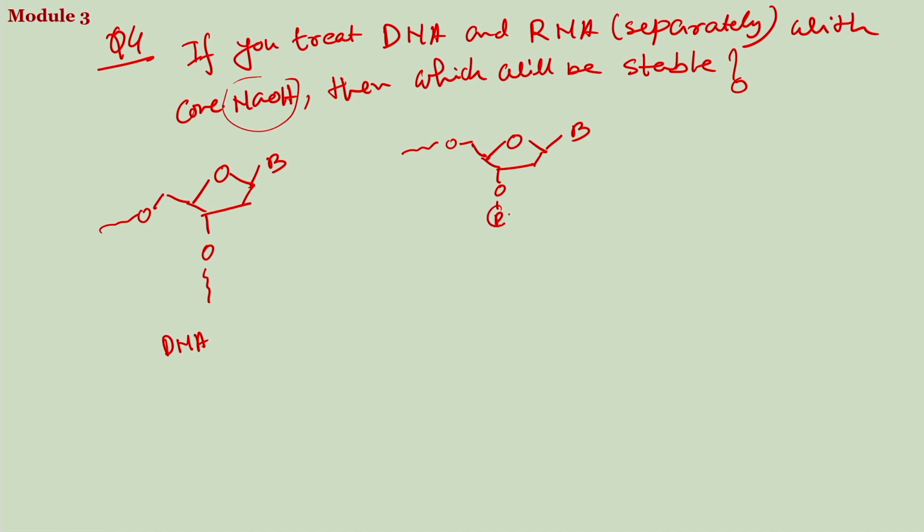I am writing the phosphate P, and then this is the RNA with an OH here. This is your RNA. If you treat this with NaOH, what will happen?